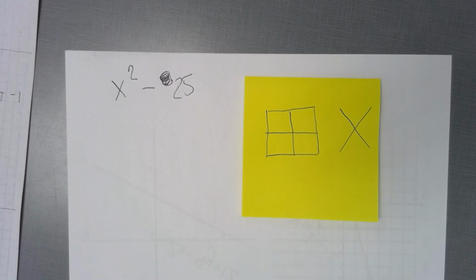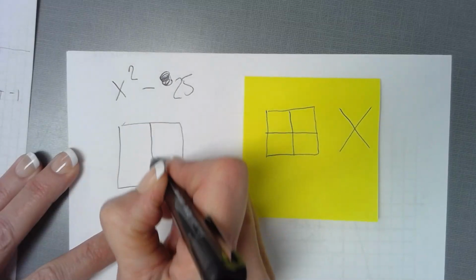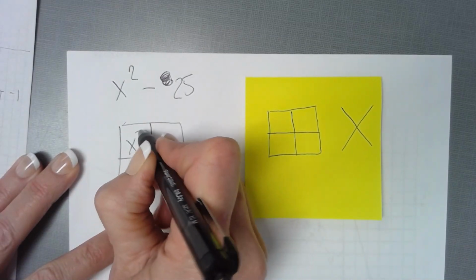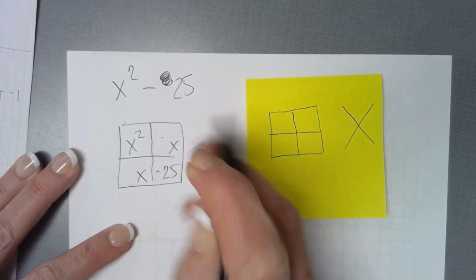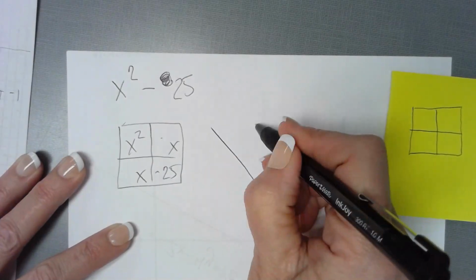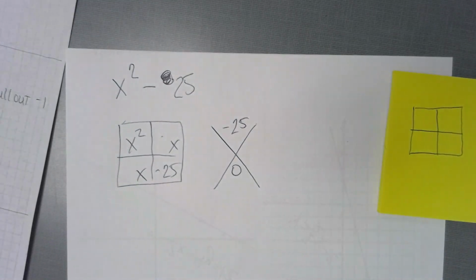There's no middle term, 0. Y'all, the middle term is missing, so your numbers have to add to get to 0. Middle term is missing.